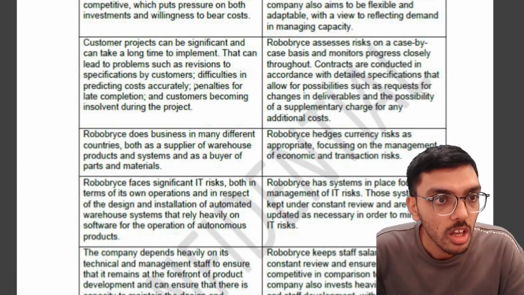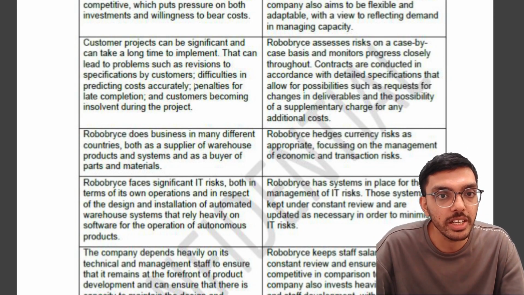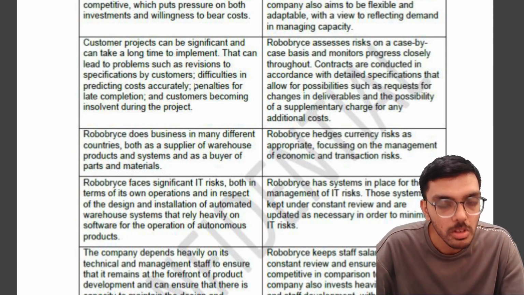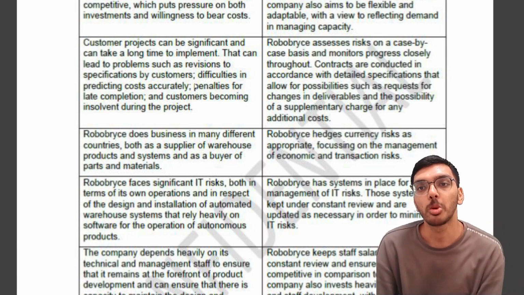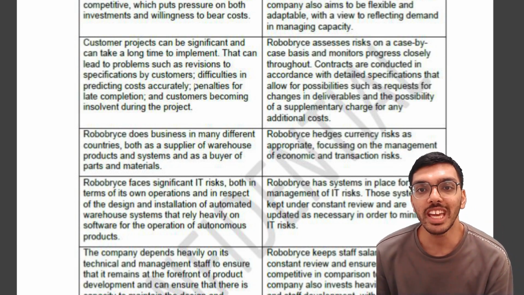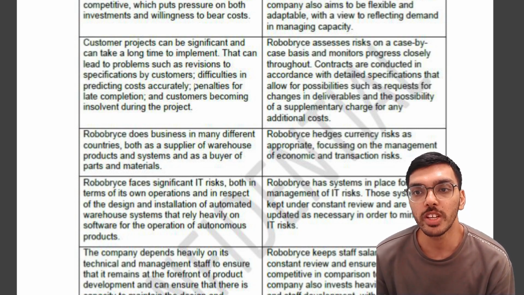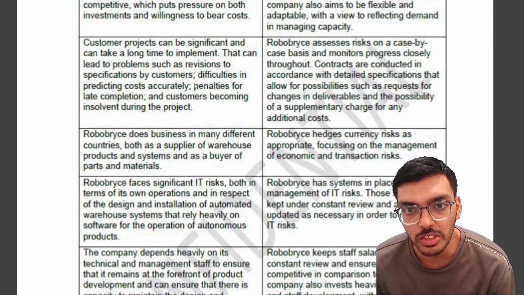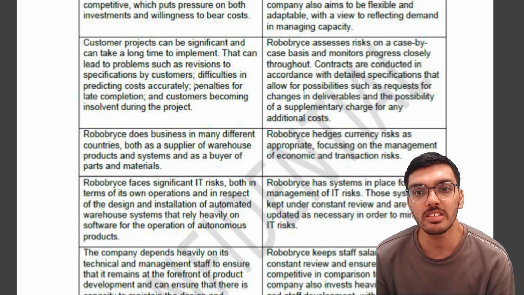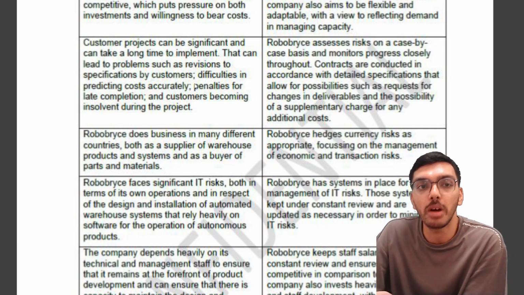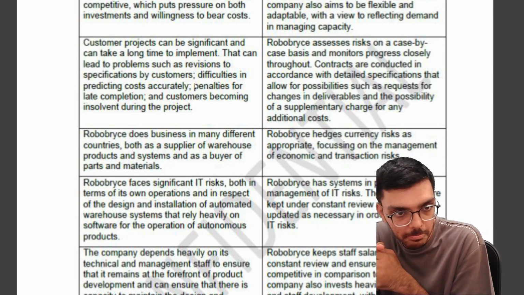Second key risk, customer projects can be significant and can take a long time to implement, and this can cause very many problems. What are we doing for this? Robobryce assesses risks on a case-by-case basis. Contracts are conducted in accordance with detailed specifications that allow for possibilities such as requests for changes in deliverables. So you are keeping your contracts flexible to deal with this problem.